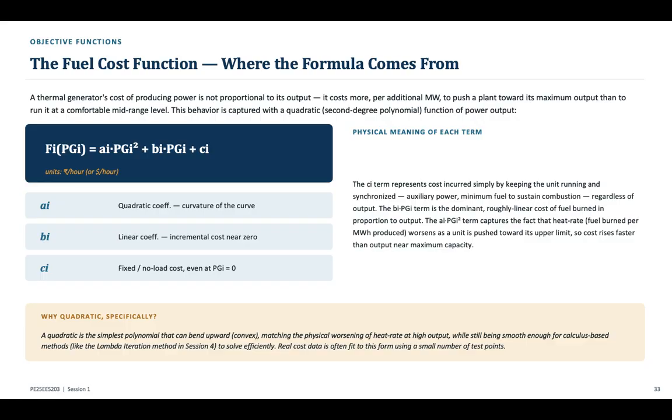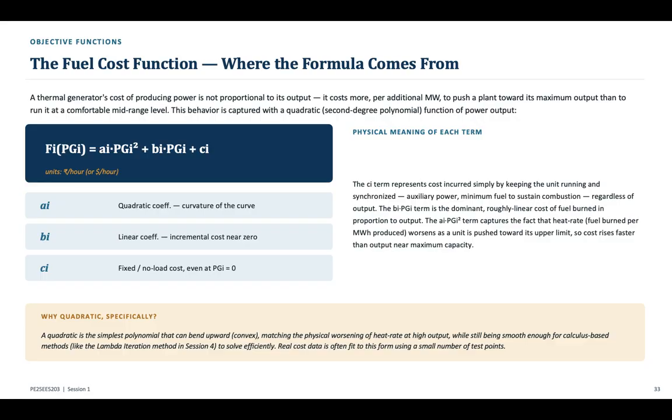This behavior is captured with a quadratic, that is second-degree polynomial, function of power output. So you can see here Fi of Pgi, with Ai, Bi, Ci in the formula. Ai is the quadratic coefficient, the curvature of the curve. Bi is the linear coefficient, the incremental cost near zero. And then you have Ci, the fixed or no-load cost, even at Pgi equal to 0.